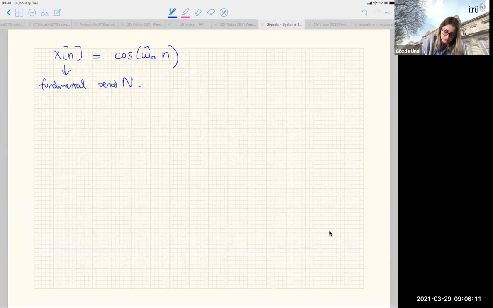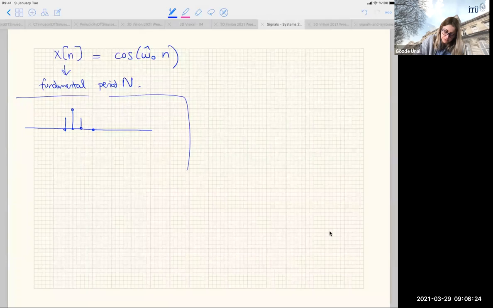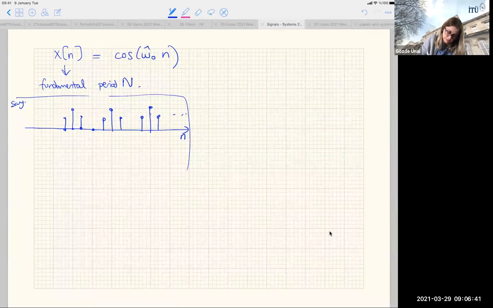If it's a periodic signal, let's say it's a periodic signal like this. I'm just making it up, not this cosine signal. It's just a side note. For instance, I could be repeating this shape. I'm going to ask you what the fundamental period is, that's why I'm drawing this now. Let's say it's repeating itself.